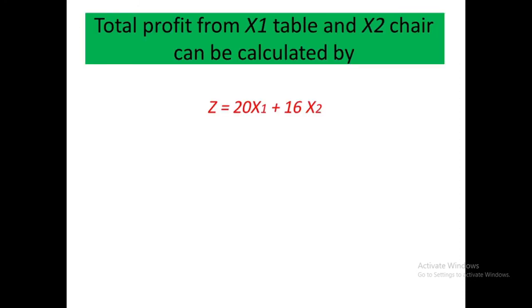The total profit from x1 tables and x2 chairs can be calculated by z = 20x1 + 16x2. Here 20 is the sales cost of a table and rupees 16 is the sales cost of a chair, I mean the profit.